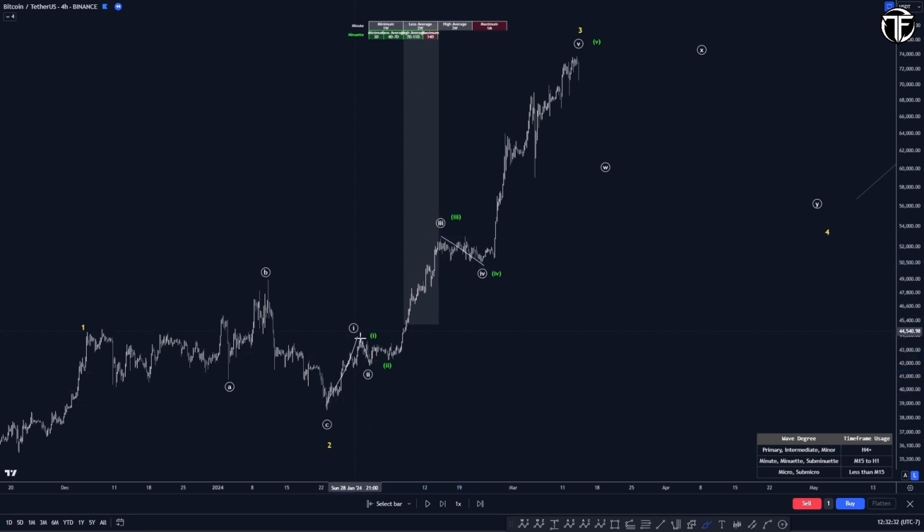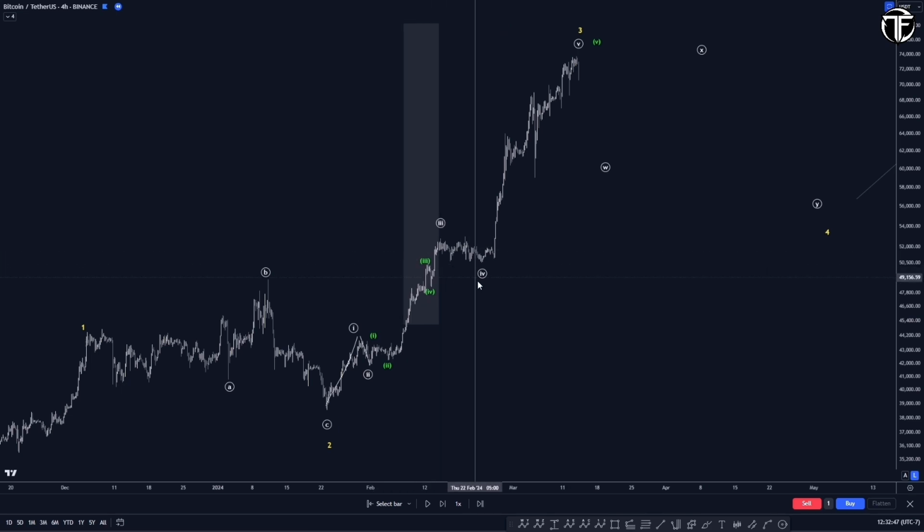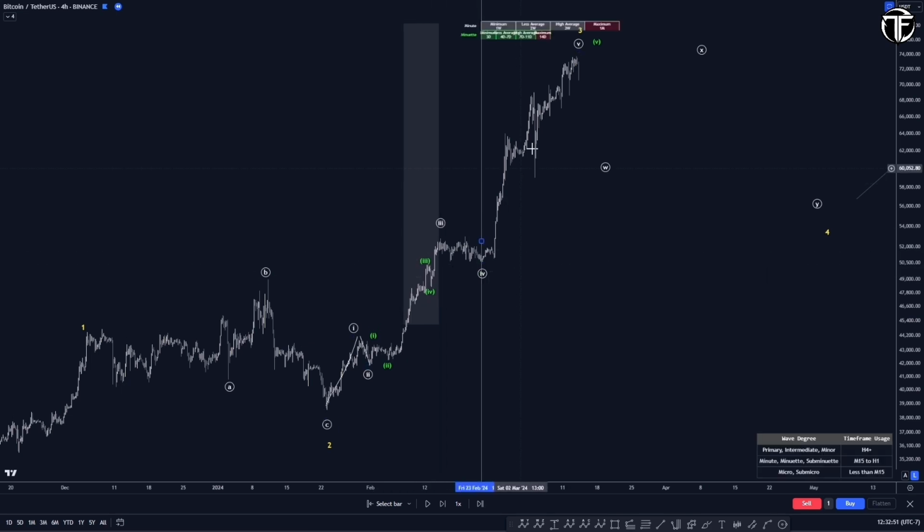Moved up, change in the trend. Moved up, change in the trend. Now once this wave 4 is completed, we can look for the end of the next structure. So we're going to place it at the end of this wave 4 and the beginning of the wave 5.